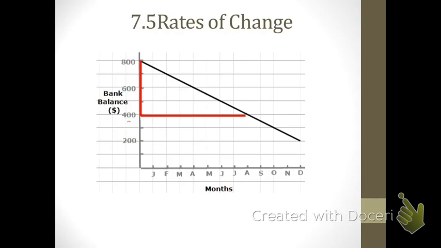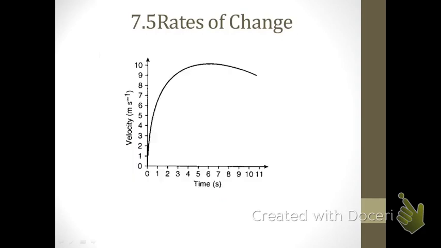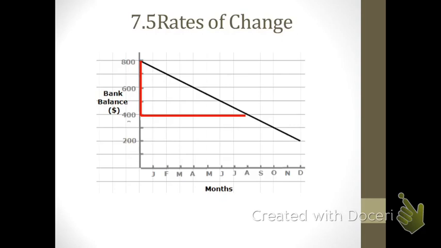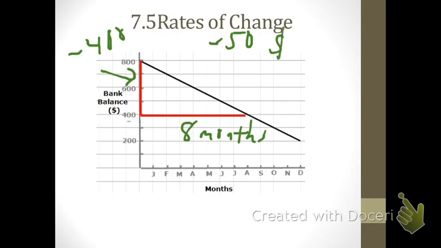For the selection that I made, this bank account lost $400, so the change is negative 400 over a period of 8 months, August being the 8th month. What this graph shows is that every month this bank account loses $50 on average. The rate of change is negative $50 per month. So dollars per month, that's a rate of change.